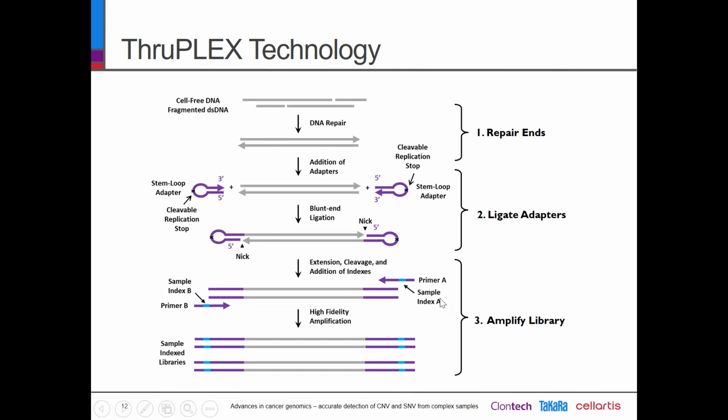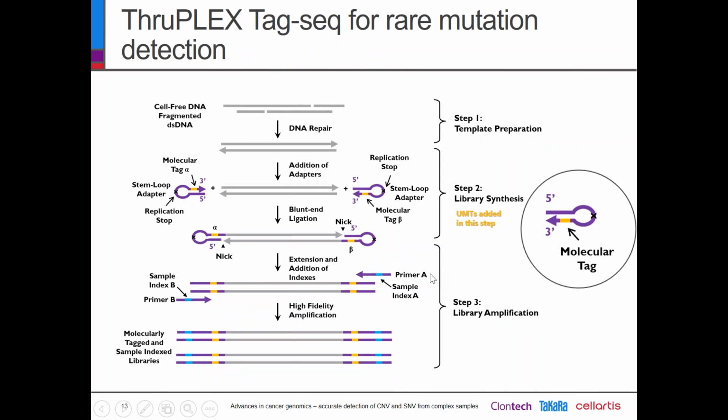And then finally, the third step will be incorporation of adapters and indexes and amplification of the library. So you can see 3 steps, a very streamlined workflow, which is very beneficial for cancer genomics.